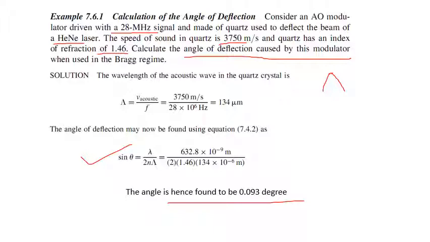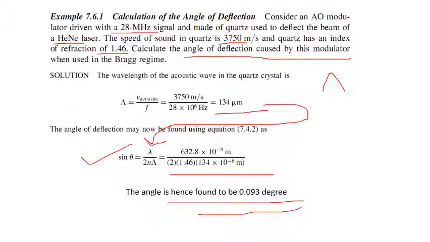So the wavelength comes to 134 micrometers, and if you substitute this here, you get the answer, which is the deflection angle. So this is how you can find the deflection angle if you're using a certain crystal, but you need to know certain data: speed of sound in the crystal, refractive index, frequency, etc.